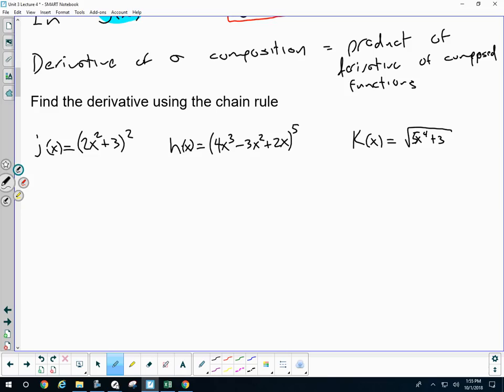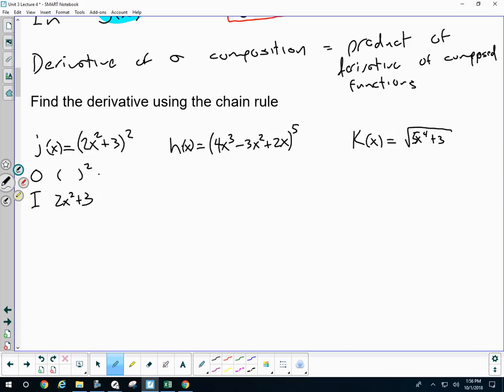The first thing we do for all of these compositions is understand what is the outer and inner function. I'll write O and I for outside and inside. And for J, I would consider the parentheses squared being the outside function. That's like the F of. The inside would be 2x squared plus 3. That's the G of x.